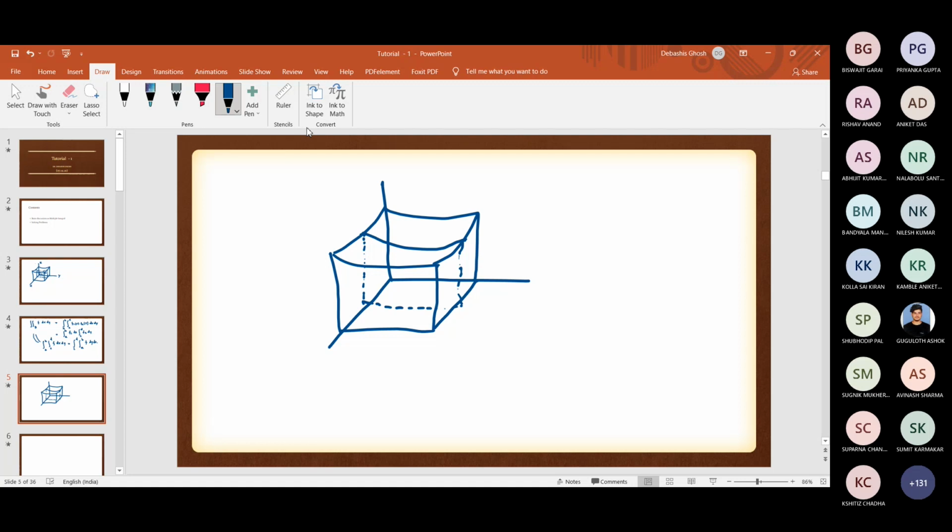by fixing some value of x, where this one is your x-axis, this one is your y-axis, and this one is your z-axis, we are going to find the area of this portion.